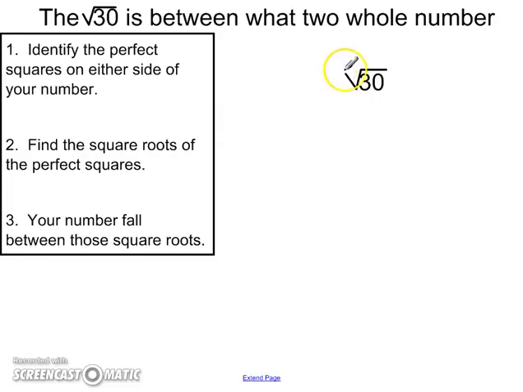In this particular case, all I'm going to do is identify the perfect square on either side of my number. The perfect square below is 25. The perfect square above is 36. Now, the square root of 25 is 5. The square root of 36 is 6.